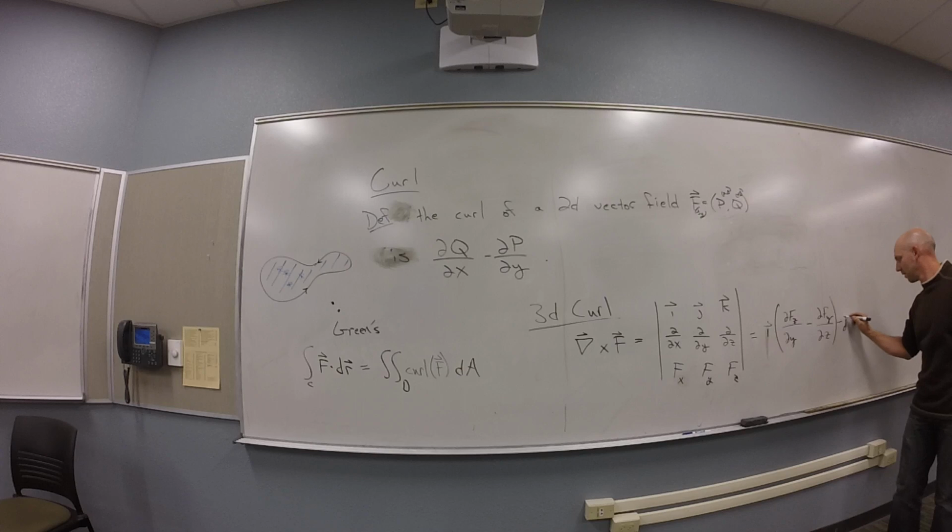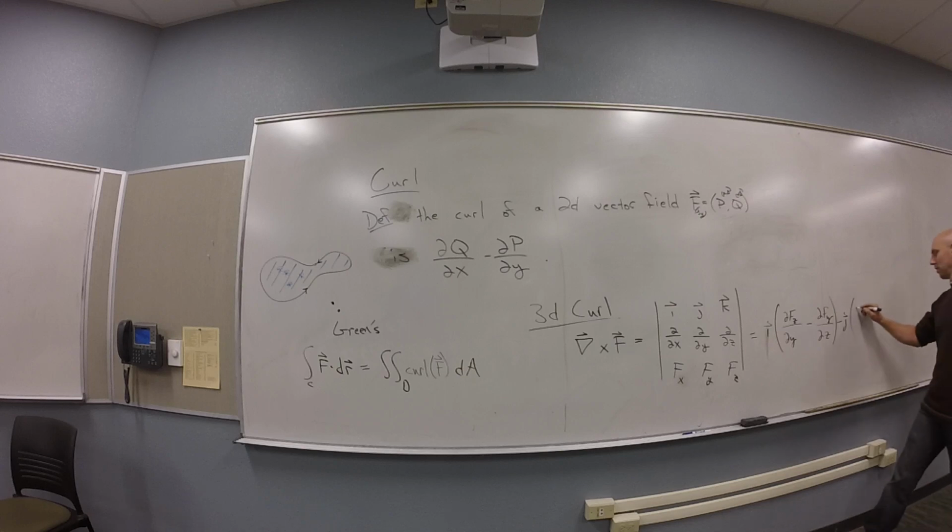Minus j times the partial of Fz with respect to x, minus the partial of Fx with respect to z. And then I need a plus k. And you guys are all muttering, this is a pain in the ass to compute, right? And it totally is. 3-dimensional curl is always a pain in the ass to compute.